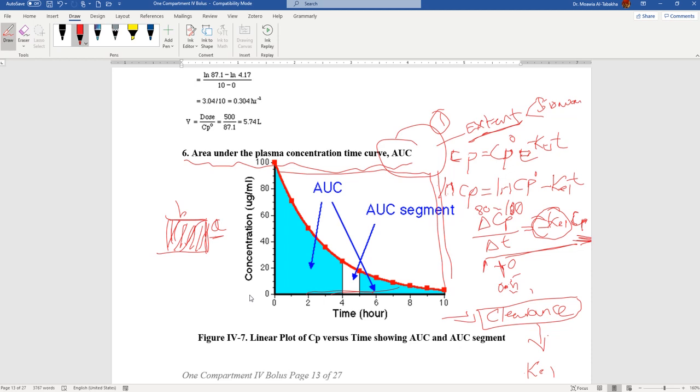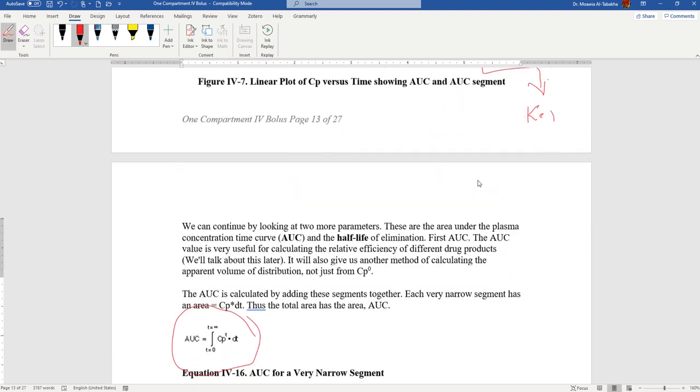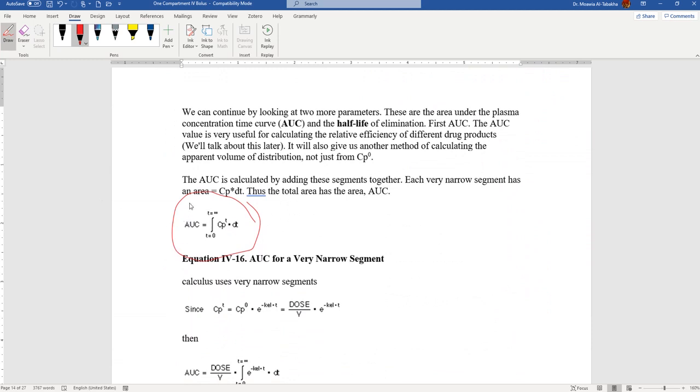You have to imagine here that every second I am measuring the area. Every second I'm measuring the area until all areas are covered. And this is how we can do it. So we need to add together the changes in concentration multiplied by time. That is, the concentration that changes every second multiplied by the time, the width: height by width.